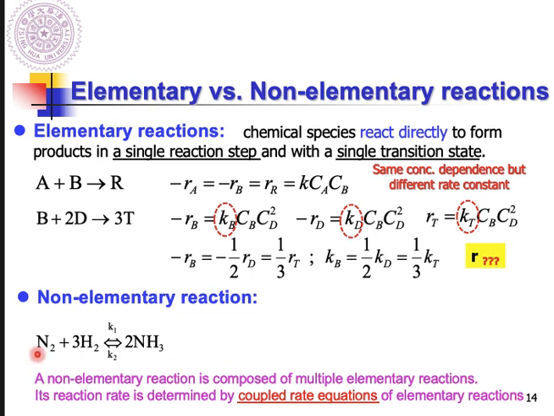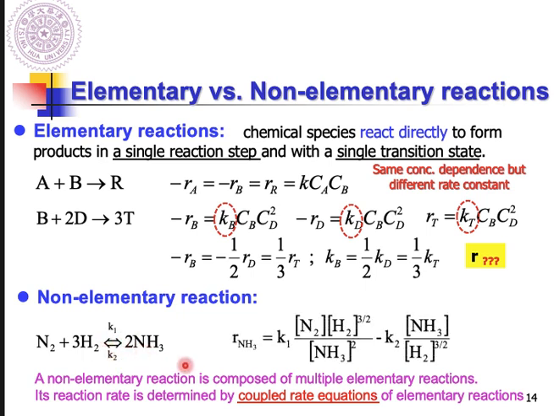For example, you have nitrogen reacting with 3 hydrogen and generating 2 NH3. And this is a reversible reaction, so you have forward rate constant K1 and backward rate constant K2. When you check the rate equation, the generation rate of NH3 looks like this, and it's more complicated, because it's K1 times N2 and H2 with this order, divided by this one, and also minus the K2 term.